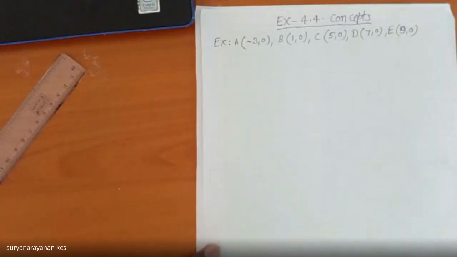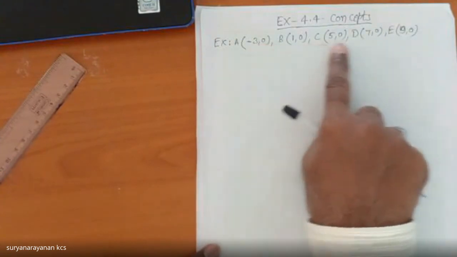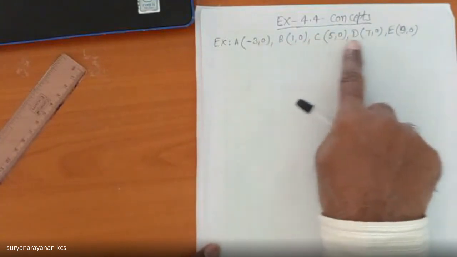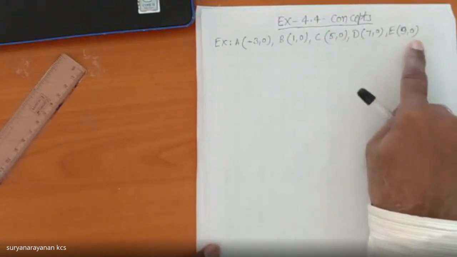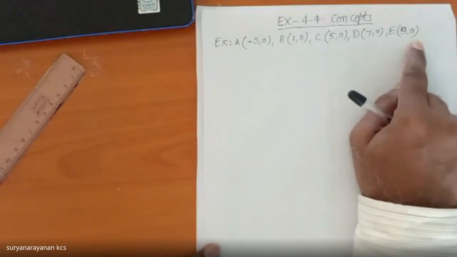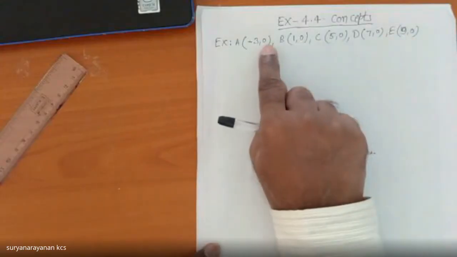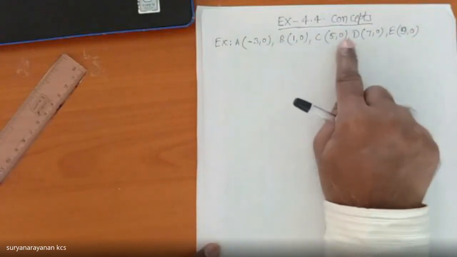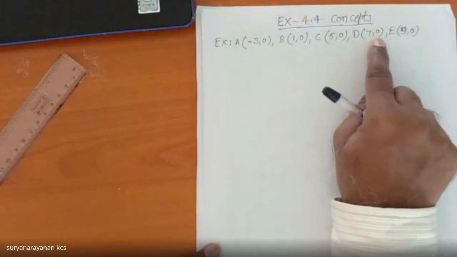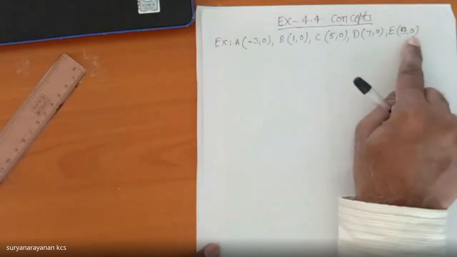I am waiting from you. If you observe all these points, their y coordinates are 0. Yes or no? This is a common property of all these points. Here also y coordinate 0, here also y coordinate 0, here also y coordinate 0, here also y coordinate 0, here also y coordinate is 0.